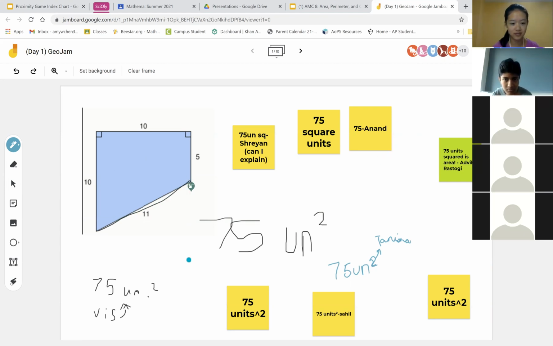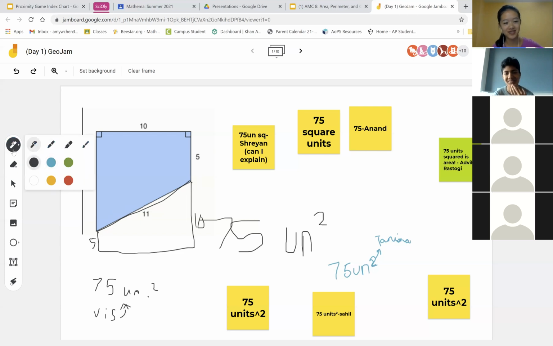It's not exactly the same because this is a little bit smaller than the 5, but it still works as a diagram. So then this is 5, right? And this is 10. So I did 10 times 15, but I have to divide by 2 because this is not an actual shape, right? It's only this. So it became 5 times 15, and 5 times 15 is 75. So that's how I got 75 square units. Very interesting. Okay, that's a good way. That's essentially the same thing as, so yeah, I'm glad you did it that way.